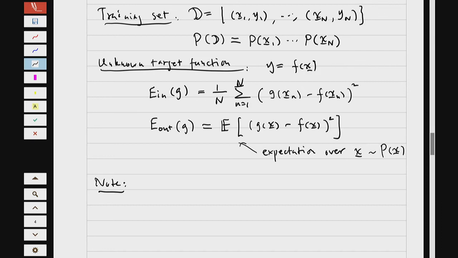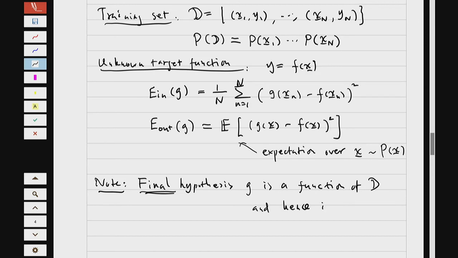We want to explicitly indicate this fact, so we're going to give a new notation, g of D, to represent the final hypothesis. g is a function of D. So it is random, because D is random.